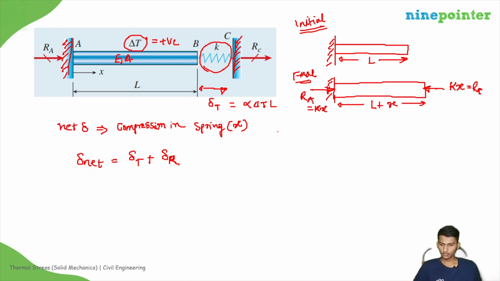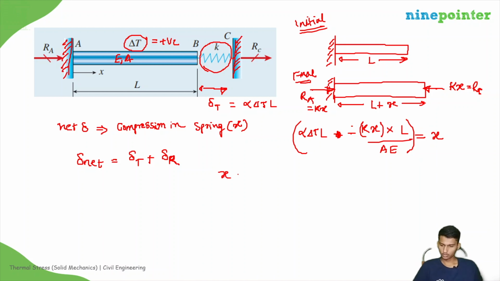So if you see actually, because of the change in temperature, the change in length is alpha del T L, and because of this compressive force, the change in length is minus Kx into L divided by A E, right? This is the whole net deformation, that should be equal to x, right?